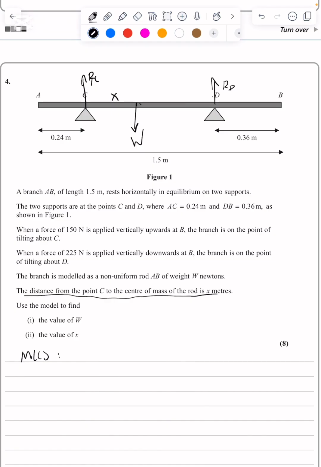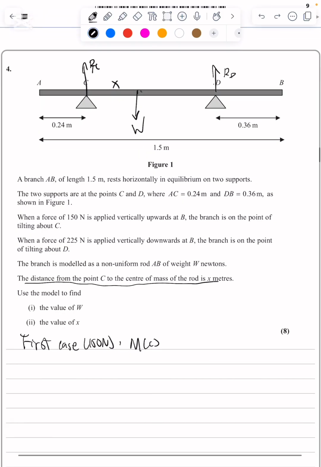For the first case, the 150 newtons case, we take the moment at C, and since it is on the point of tilting about C, that means D has no force, because it's on the point of tilting.